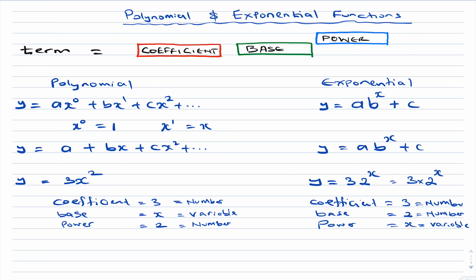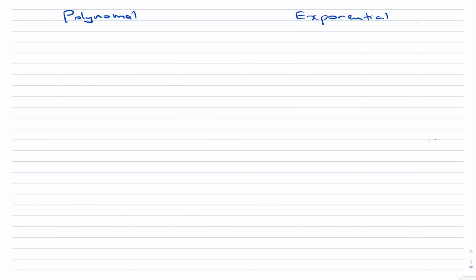So you can see what switched between the polynomial and exponential is the base and power. For polynomial, the base is a variable, x or t or I, t for time, I for current. And for exponential, the base is a number, but the power is a variable. So that's the difference between the two of them.